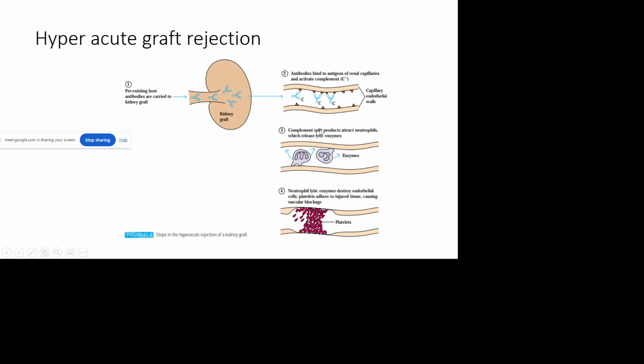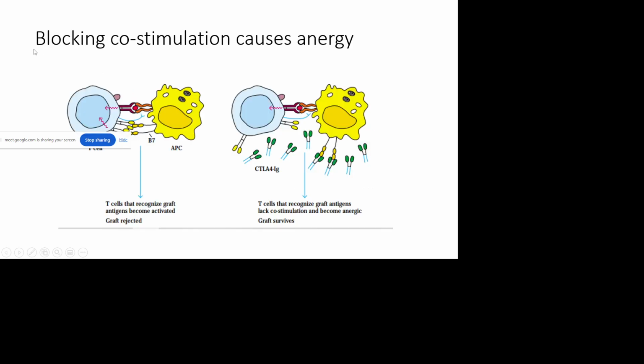This complement will damage the cell and tissue, and the complement split products will attract neutrophils, which will release lytic enzymes, and these lytic enzymes will destroy the endothelial cells here. The platelets will adhere to the injured tissue like this, and that will cause a vascular blockage. So that is an example of hyperacute graft rejection, where pre-existing host antibody against the graft is already present.